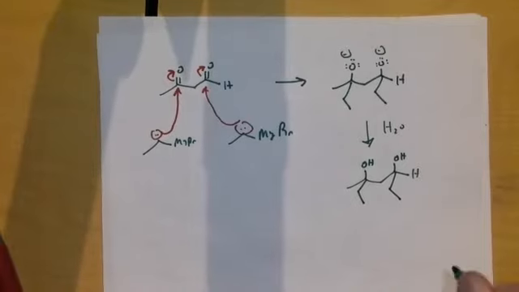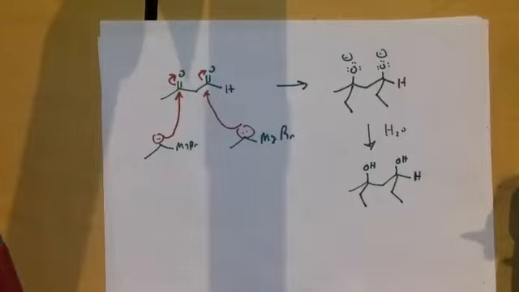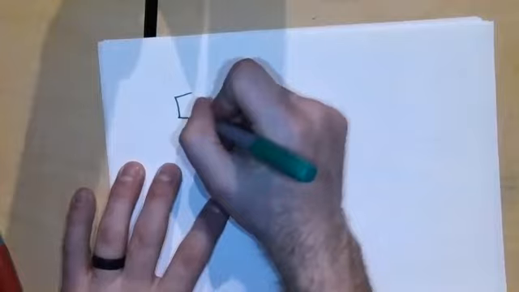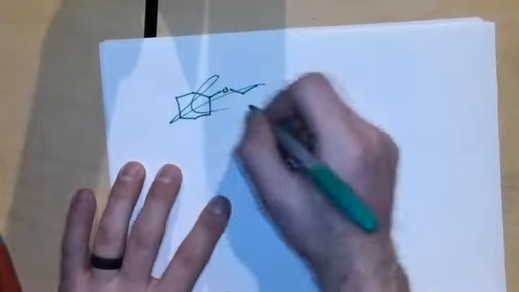This is going to be different from the next problem where we actually have an ester. We can actually do this twice. So that will change things a little bit. So taking a look at the ester, it's a 6-membered ring.